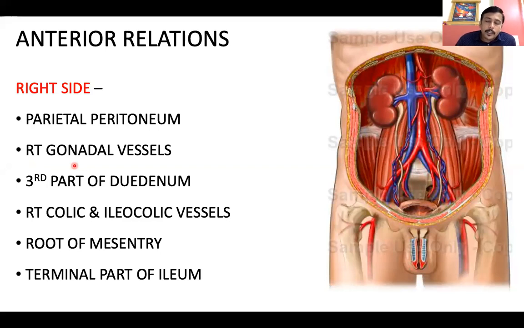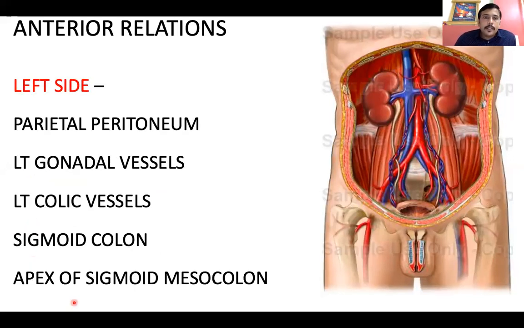Okay, ovarian artery as well as vein, testicular artery as well as veins. And it is also related to the third part of the duodenum, and right colic and ileocolic vessels, and the root of the mesentery, and the terminal part of the ileum.